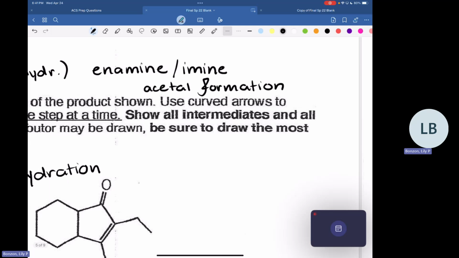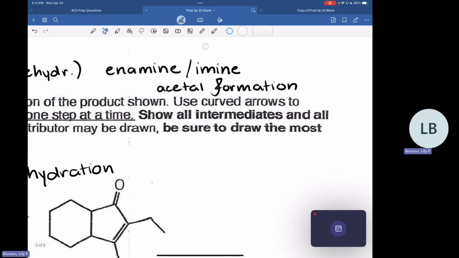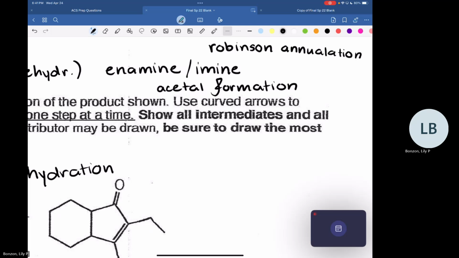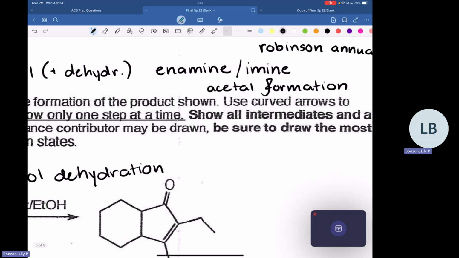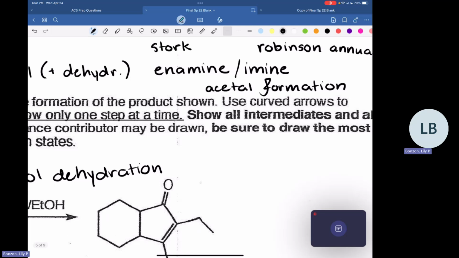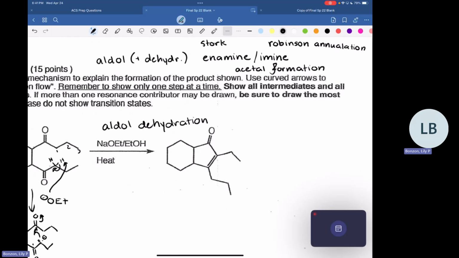Yeah, I think I remember that one. And then wasn't there a Wolff-Kishner? Okay, I've seen it. Oh yeah, you're right. Okay, so you got all these different options.